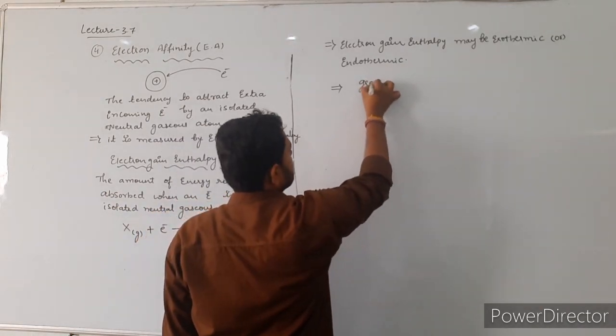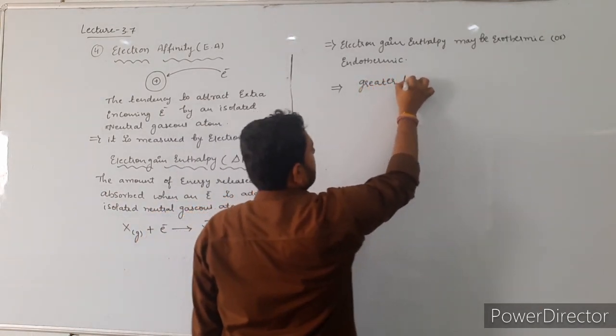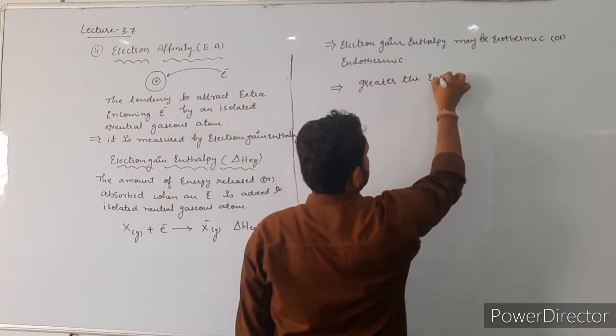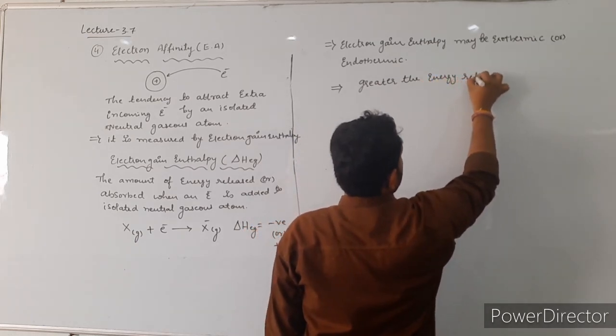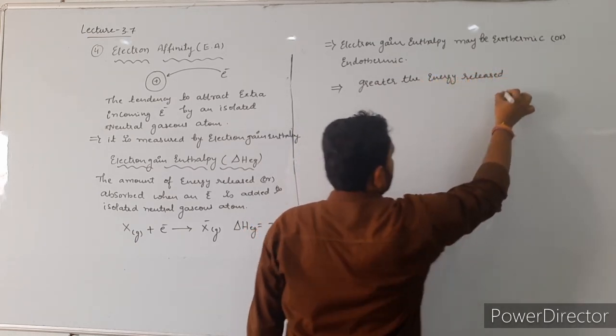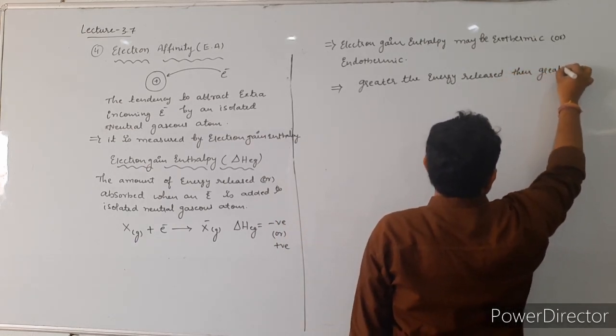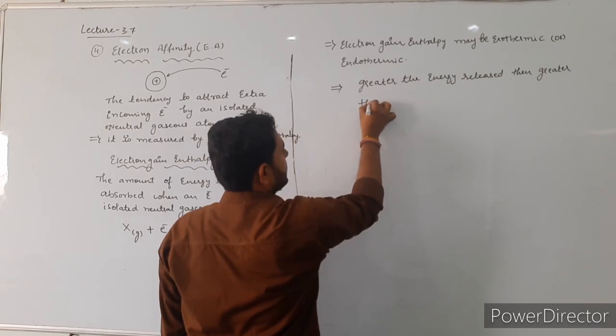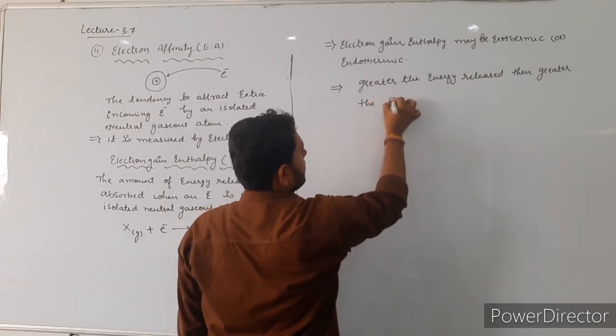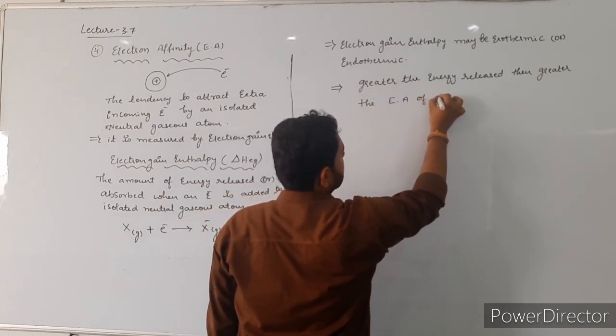Greater the energy released, then greater the electron affinity of an element.